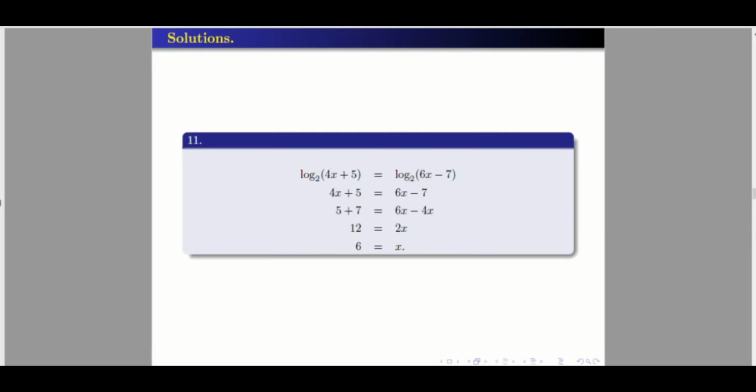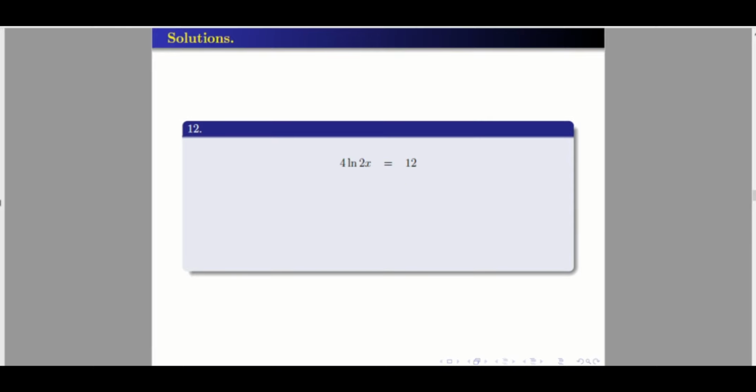Number 12, we have this. So we can divide both sides by 4. So we have ln 2x is equal to 3. Now take note, ln is just the log base e.